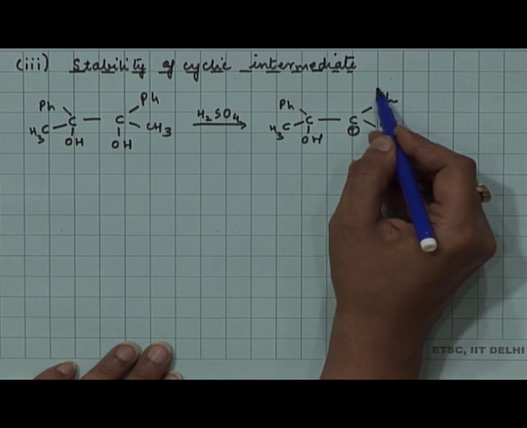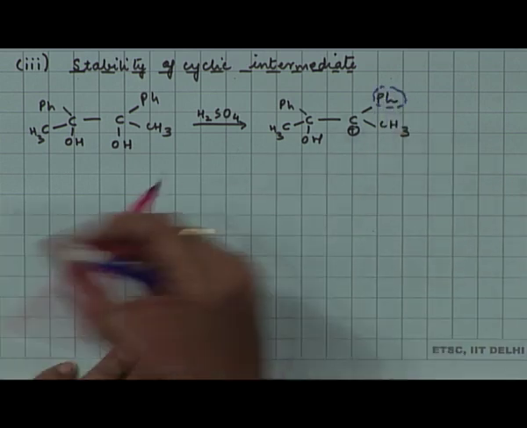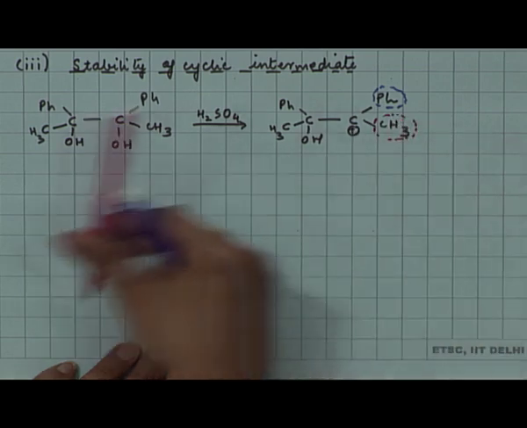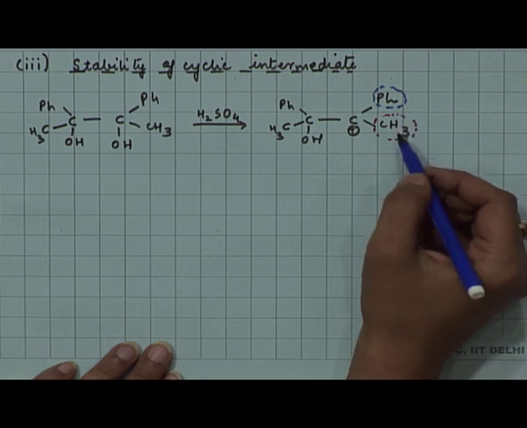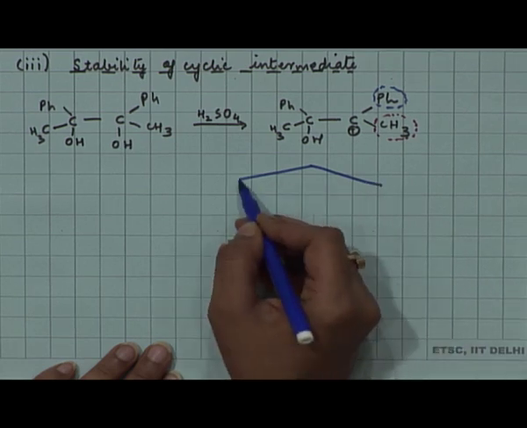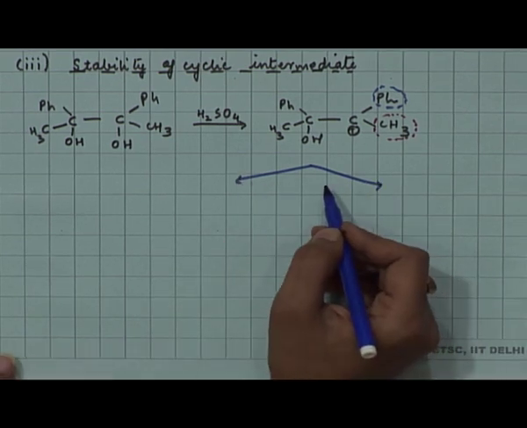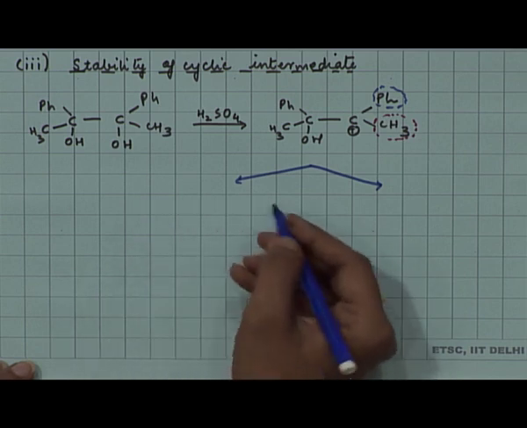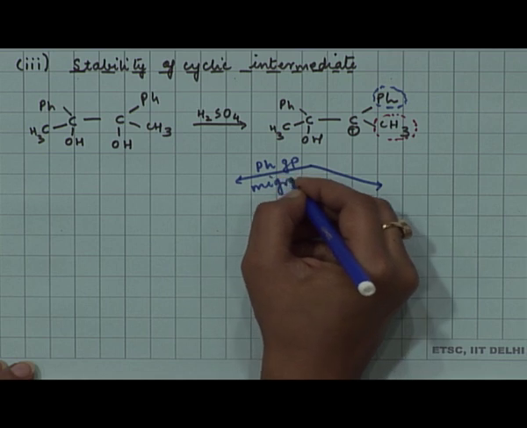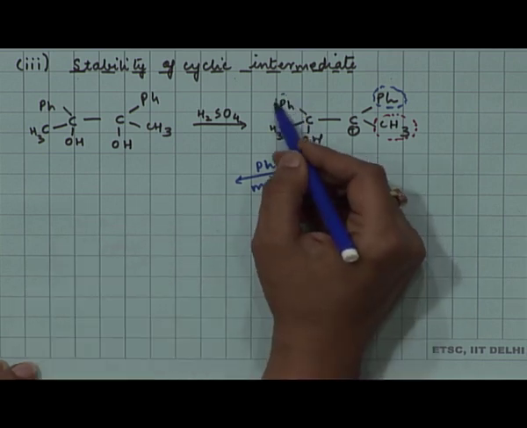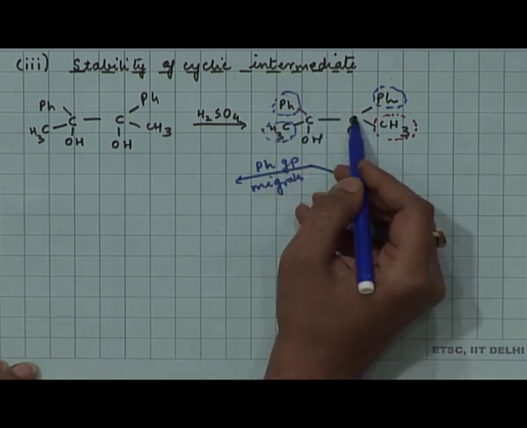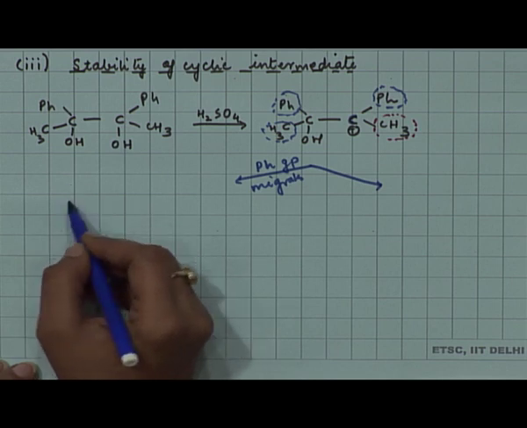Now, the question is between the phenyl and the methyl, which is the one that migrates. We are talking about the electron rich group migrating, but between the two, whichever migrates, what is going to be the effect on the nature of the cyclic intermediate which is going to get generated? If the phenyl group migrates, any of these two will migrate on this carbon.